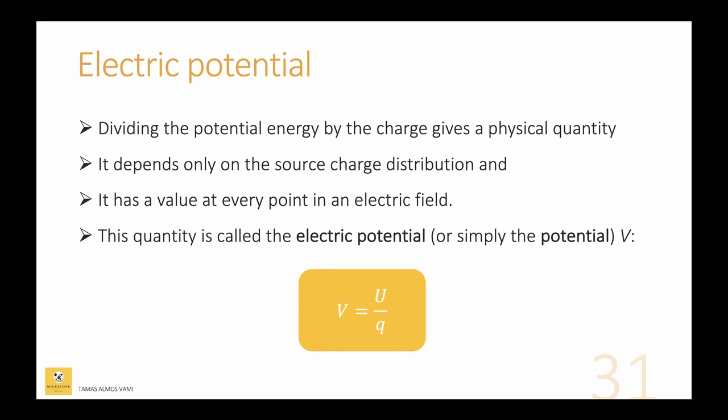So this quantity is called the electric potential. Again, we derive the electric potential using the potential energy, and this electric potential is sometimes just called potential, and we denote it with the letter V. So U was the potential energy, and when we divide it by the q, we get the potential V.